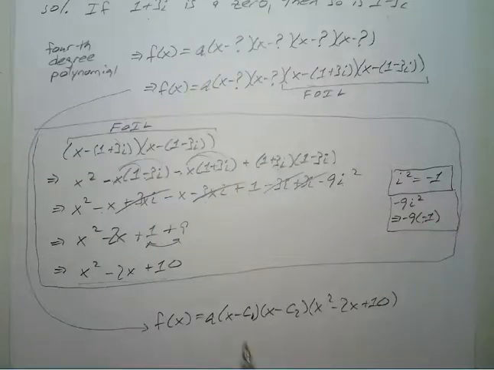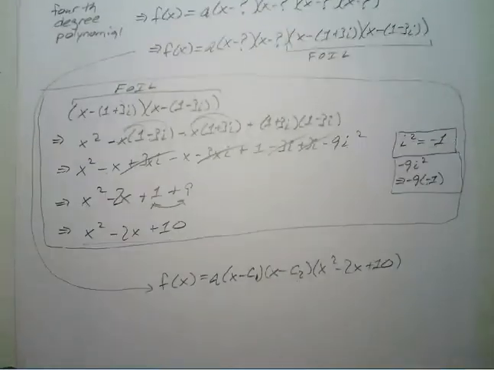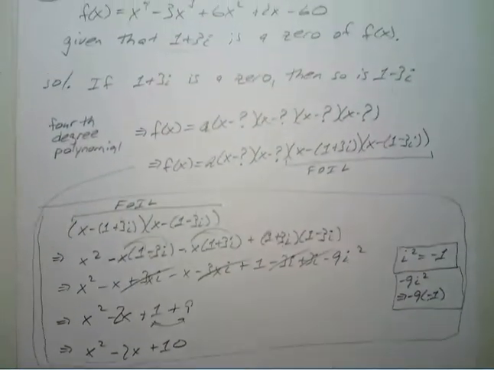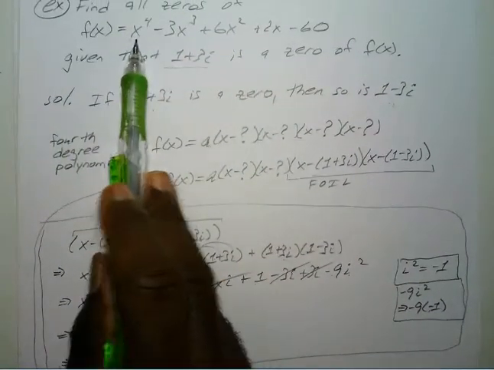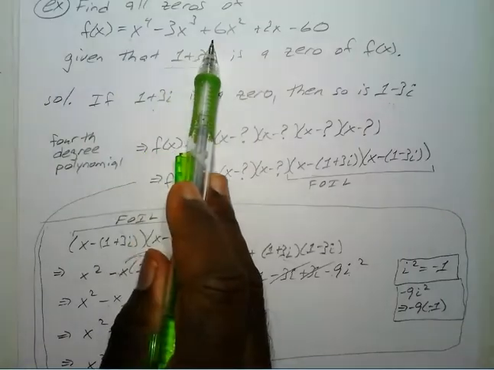Okay, so how do we solve for these two? Well, to solve for these two, remember our f of x is equal to x to the 4th. Let me scroll up a little bit. x to the 4th minus 3x to the 3rd plus 6x squared plus 2x minus 60.